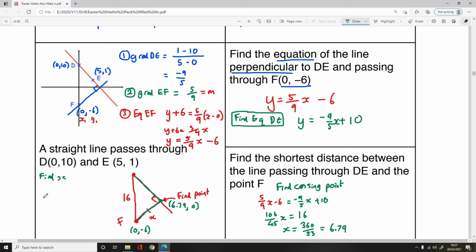And to do that, it is going to be the difference in x squared, so 6.79 squared, plus the difference in y squared, so plus minus 6 squared. That'll do it. Trying to keep this as exact as I can in my calculator, but it's a little bit fiddly. So that would be the square root of 82.14, and that would give me that 9.06 is the distance between those two.